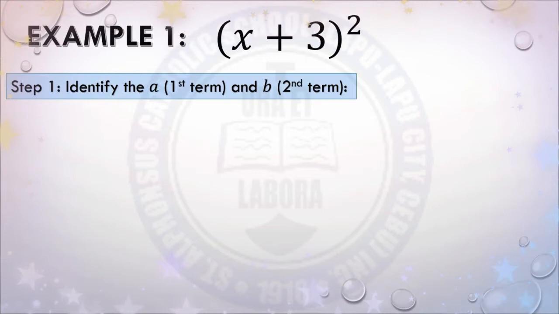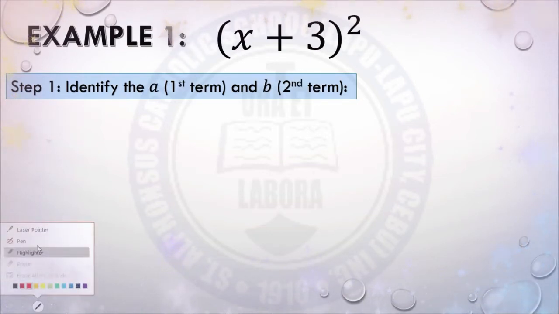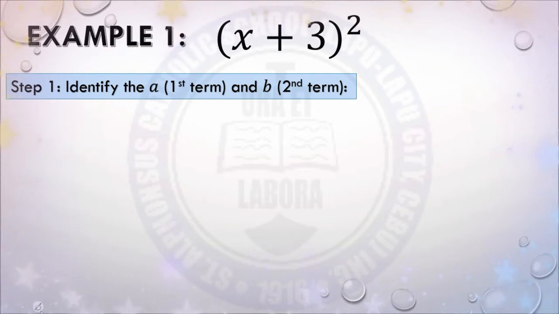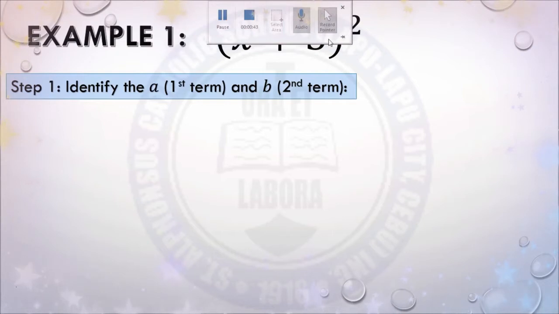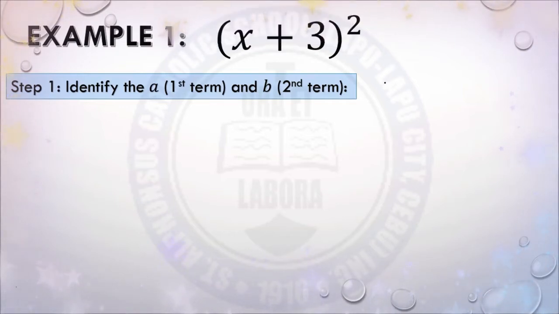You need to identify the first term and the second term. So, what is the first term in the example? Okay, now our first term is x, and our second term is 3.